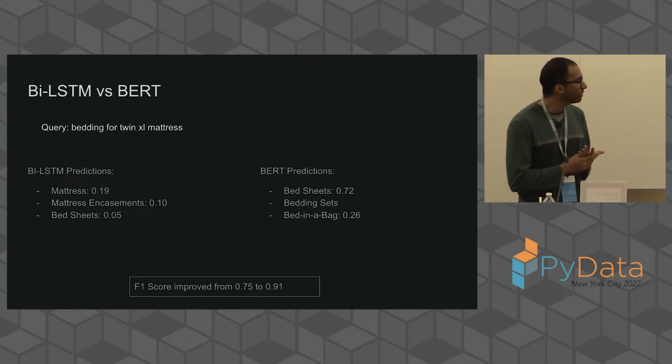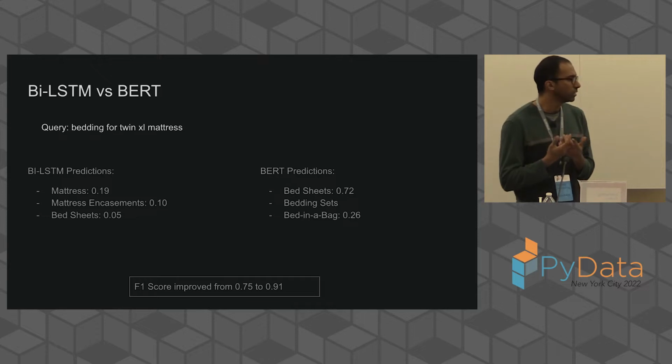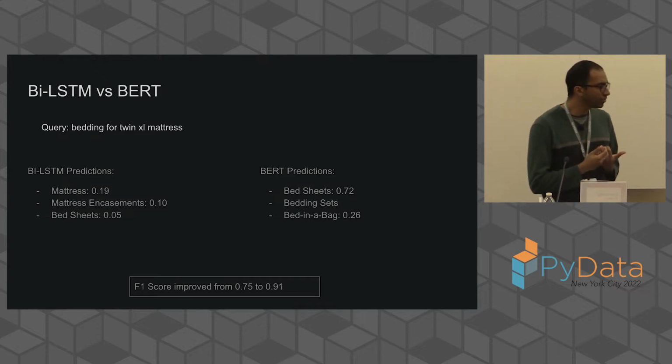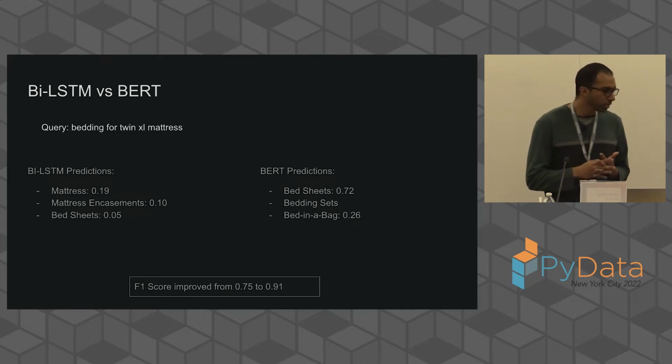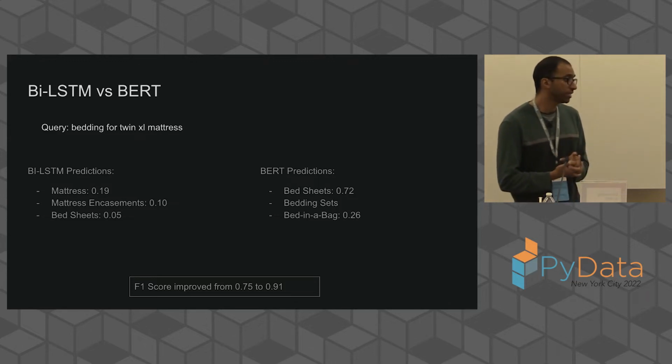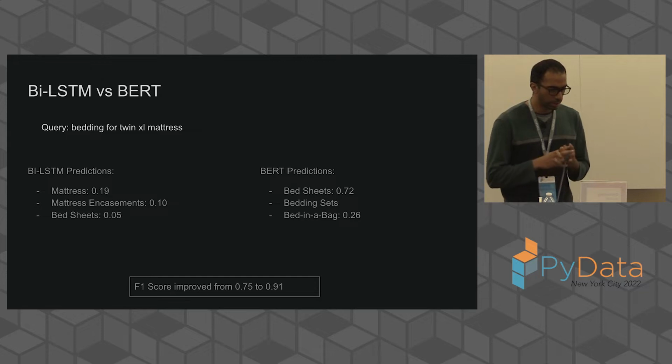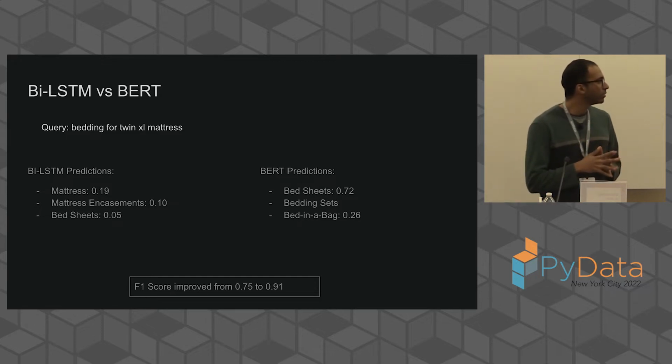But the actual intent of this query is the bedding. With the BERT model that was trained, bed sheets is the top extracted product type. In general, on our holdout validation data set, the F1 score improved from 0.75 to 0.91. So this is definitely a great model, and we definitely wanted to push it to production, especially looking at the metrics.